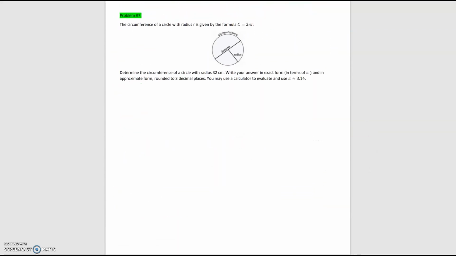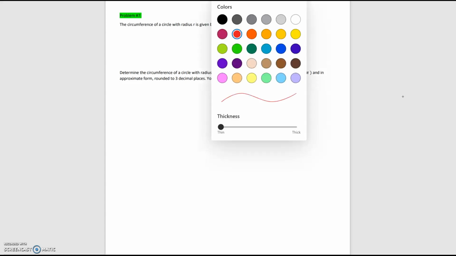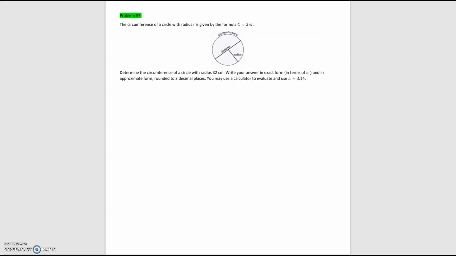And on problem 7, they want us to find the circumference of a circle with a radius of 32. So in this case, r is equal to 32. That means that C is equal to 2 pi times r, which is equal to 2 pi times 32, or 2 times 32, that's going to be 64 pi.